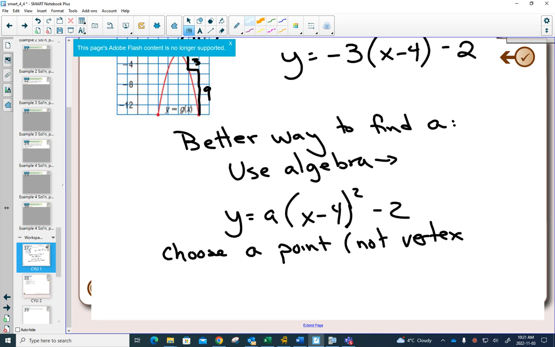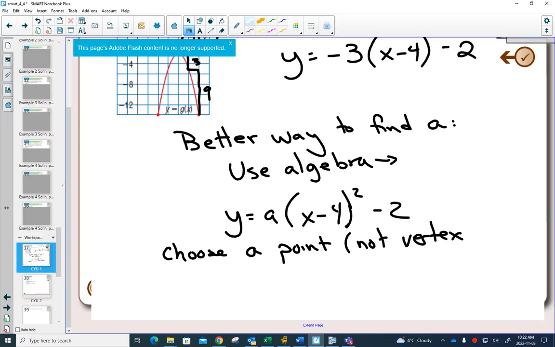And the reason we don't choose the vertex is if you choose the vertex and plug it in, 4 minus 4 is 0, and your A value will get destroyed. Obliterated, yeah. A value gone. And then you can't solve for it if it's gone.